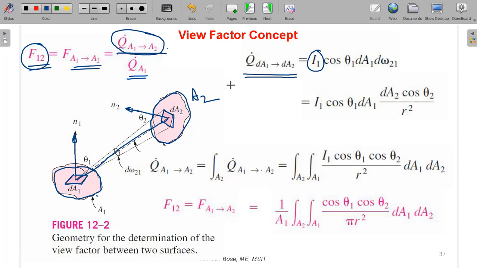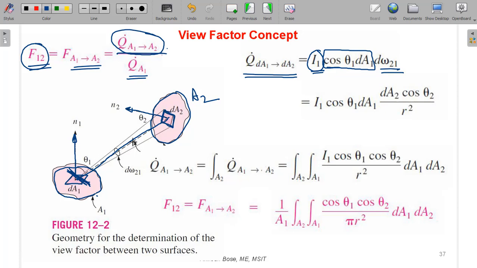Then in that direction, the intensity is I1 multiplied by cos theta 1 into dA1. What is cos theta 1 dA1? Because of the area normal to that direction that you have to consider, the intensity multiplied by the area normal to that direction, multiplied by dW21.